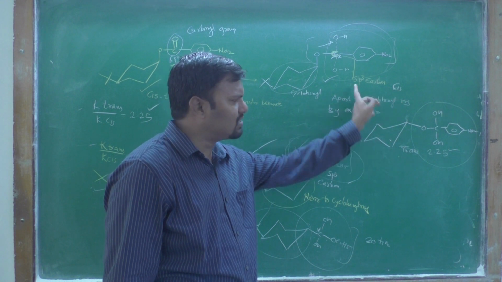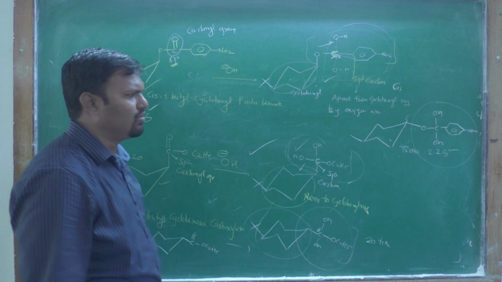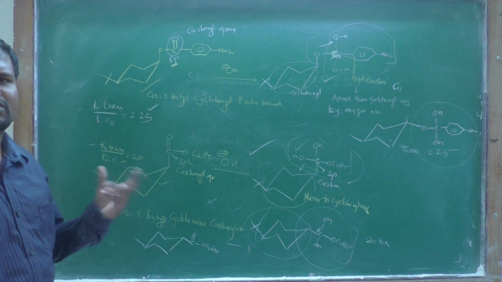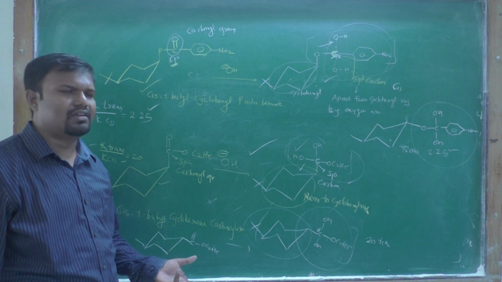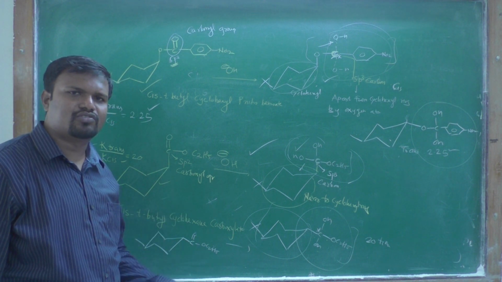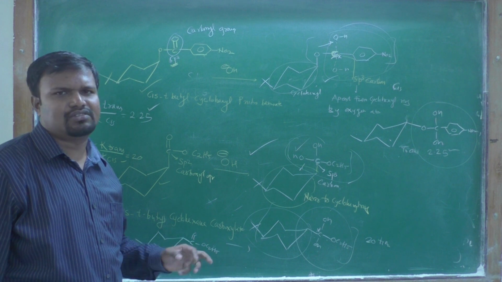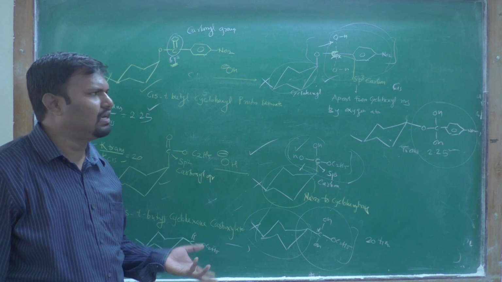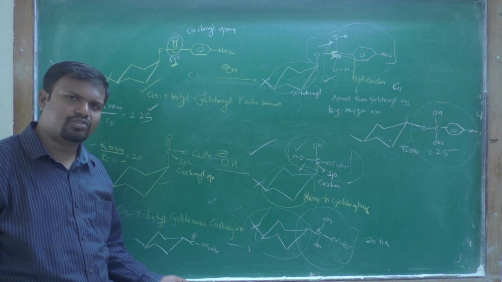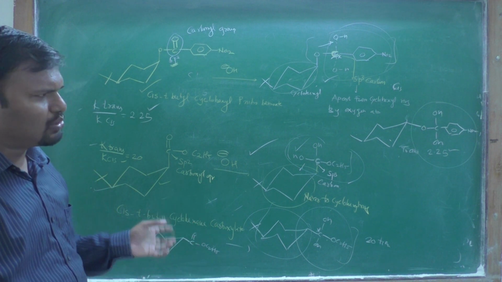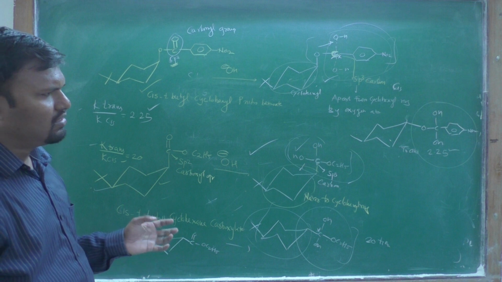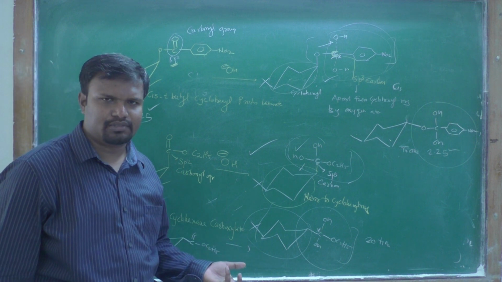Therefore, we find not much difference in the reaction of the trans and cis isomers, but some difference is there. Definitely, crowded compounds give slower reaction than less crowded compounds.